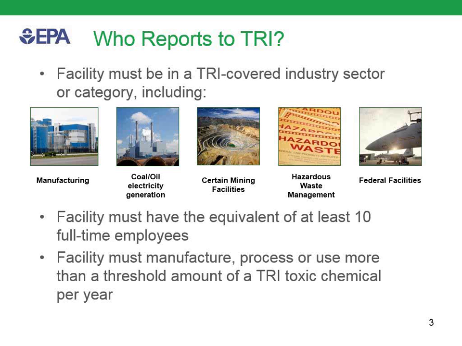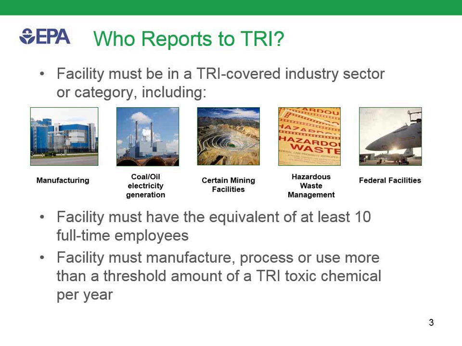First, you have to be in a covered industry. That includes the manufacturing sectors, as well as some electric generation, certain mining facilities, hazardous waste, and federal facilities. If you're not in one of those industries, it doesn't matter how much toxic chemicals you're managing or releasing, you're not going to have to report. So that's the first criterion.